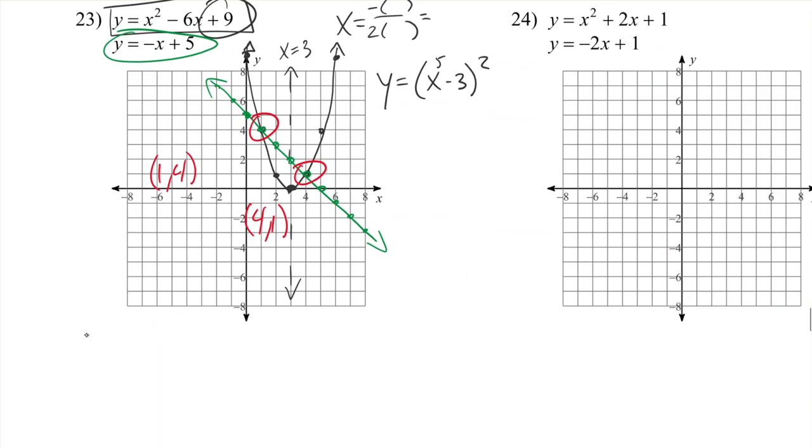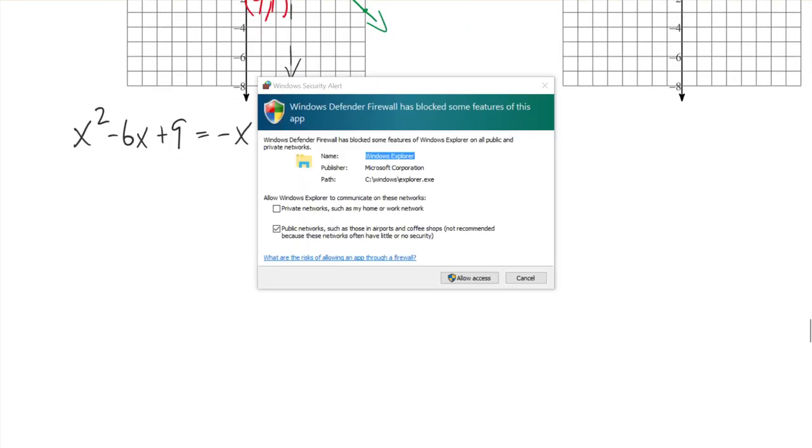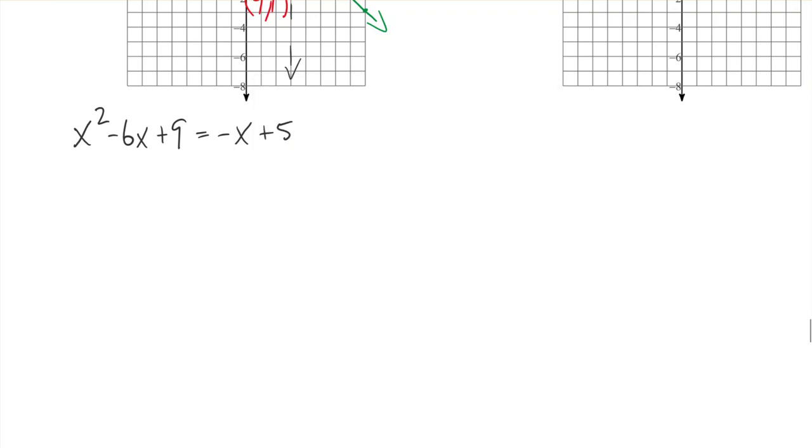we're going to write them equal to each other. x squared minus 6x plus 9 equals negative x plus 5. And now we'll put them on one side.